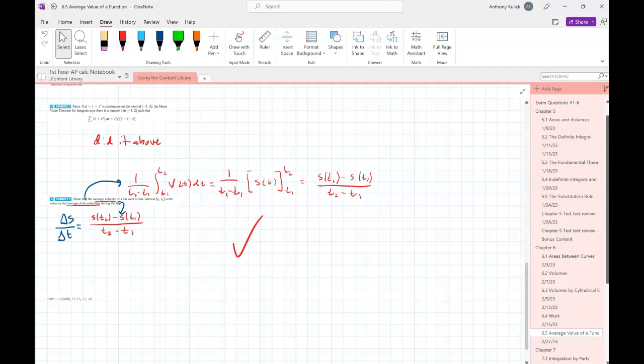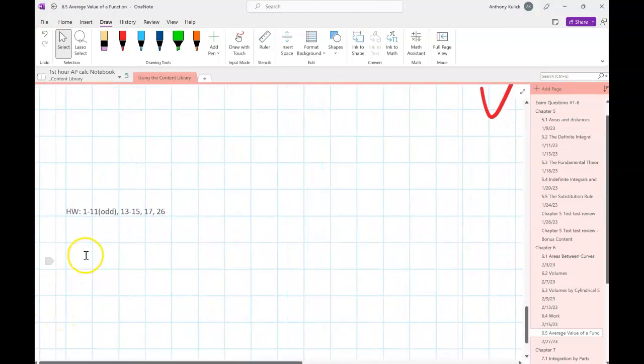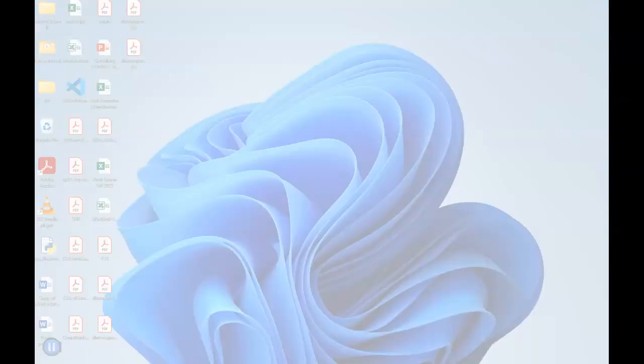So if you just look at the homework here, we have 1 through 11 odd, 13 to 15, 17, and 26.